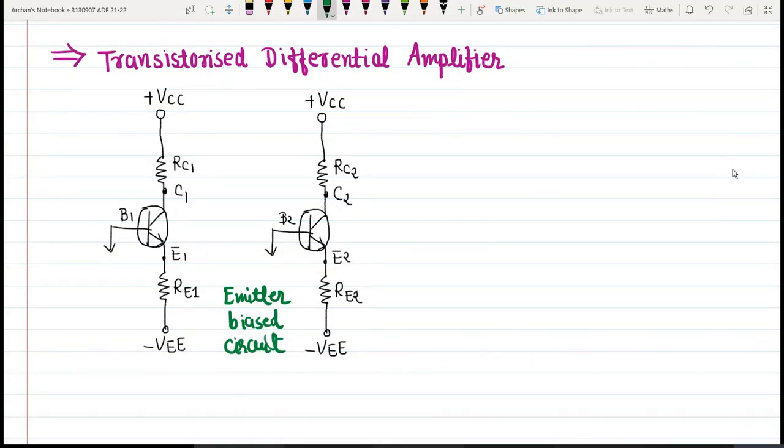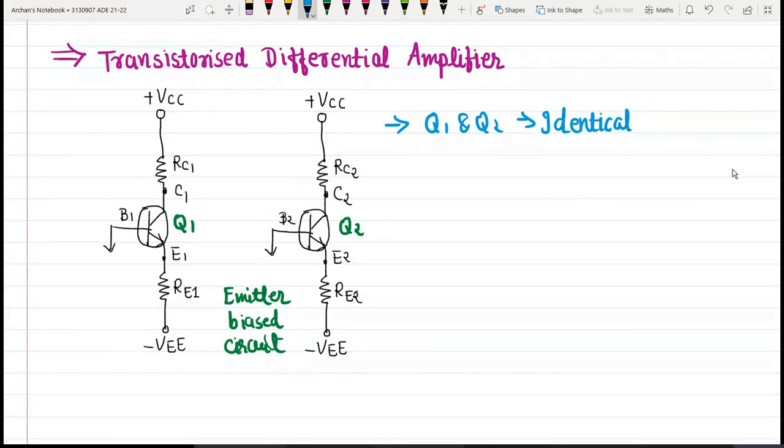Now what do you mean by identical circuit? If I talk about transistor Q1 and transistor Q2, both are identical. What does it mean? They will produce the same VI characteristics if we apply a certain amount of voltage across these two transistors.